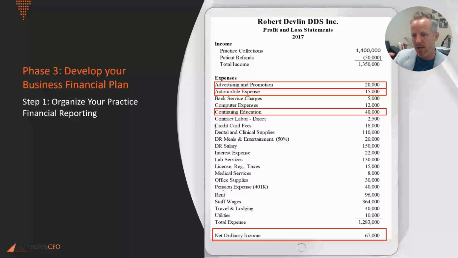And so that's why doing this formatting, or just changing the way that you lay out everything on your P&L to tell the story in a quick, easy, digestible way, is so important. It will A, make you a better decision maker around your practice money, and B, it will get you a higher value of your dental practice.